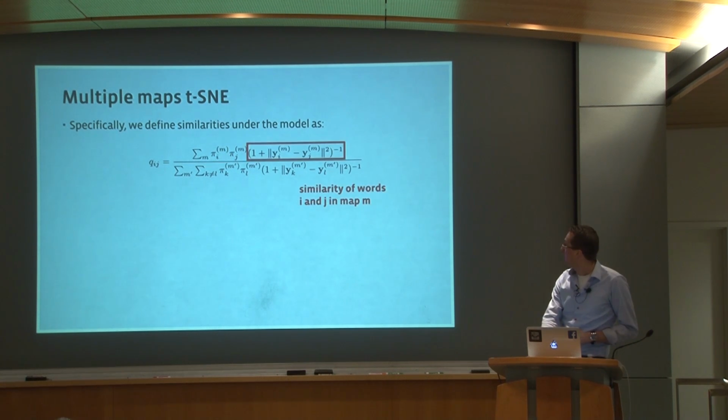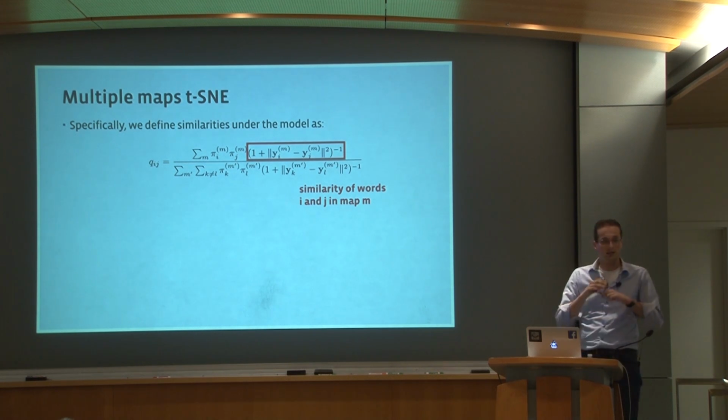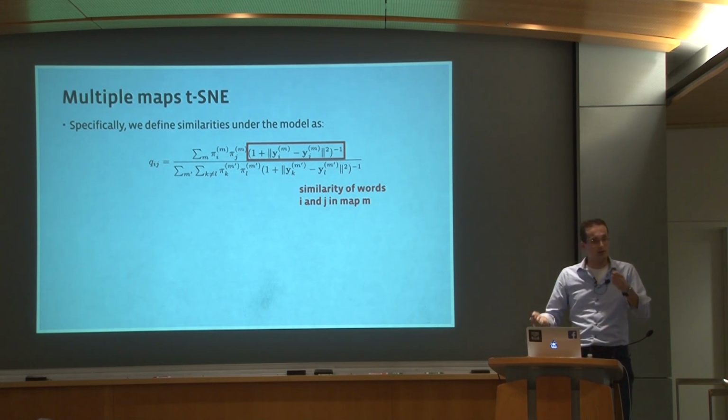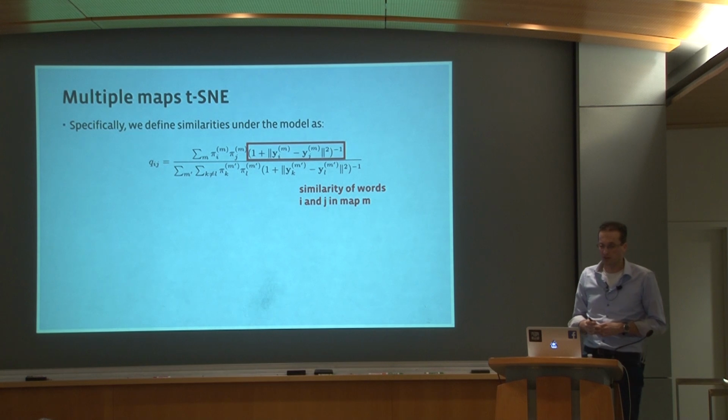What you have here is the similarity of words i and j in map m. This is the same thing as I had before in the t-SNE objective: it's just this Student t kernel that I put over this point y_i, and I measure the density of all the points y_j under that Student t kernel.